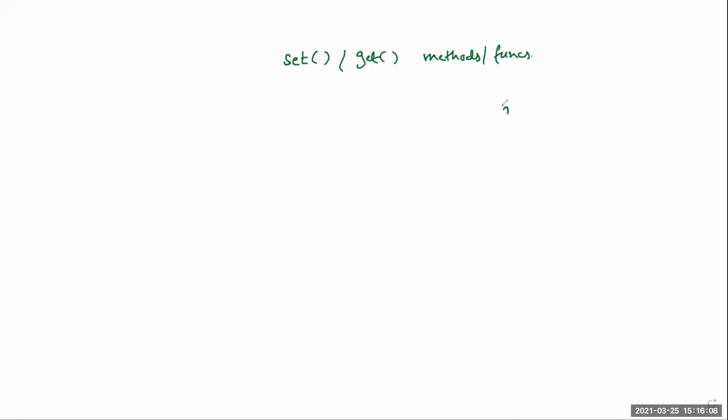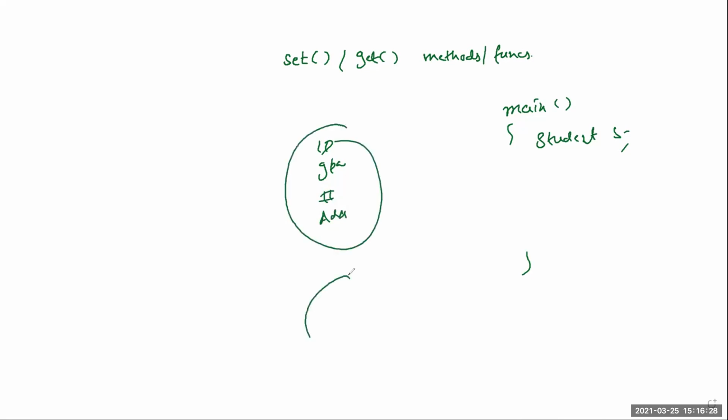In order to first understand why we need them, let's say you have some class. Maybe there's a class Student and you make an object of class Student, say student S. What is the data of the student? Say ID, GPA, maybe cell number, address. This is all the data of the student, and then you will have some functions like print or other functions within this class.